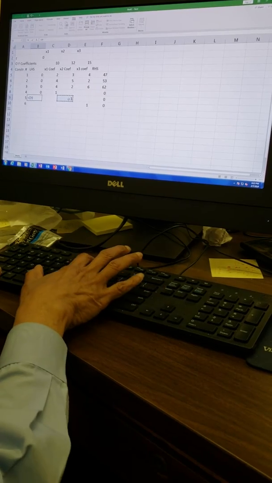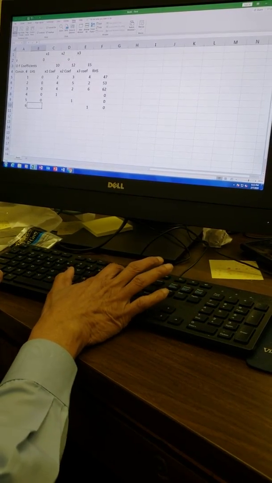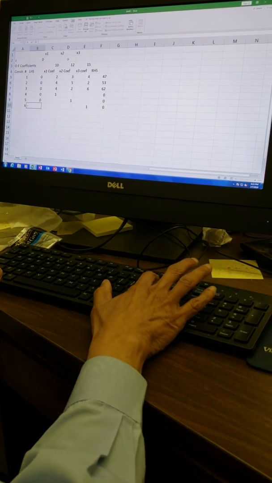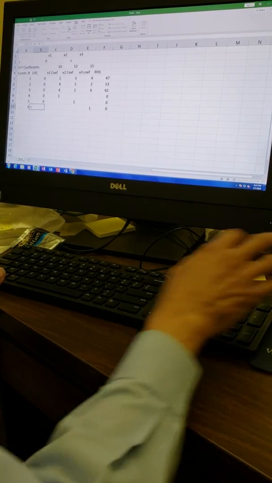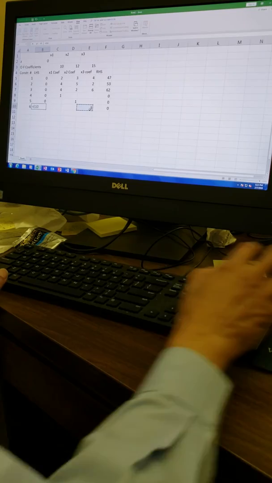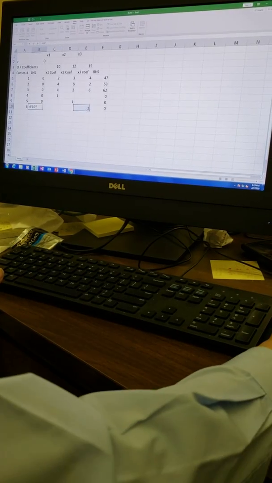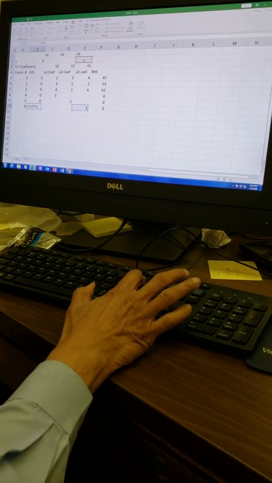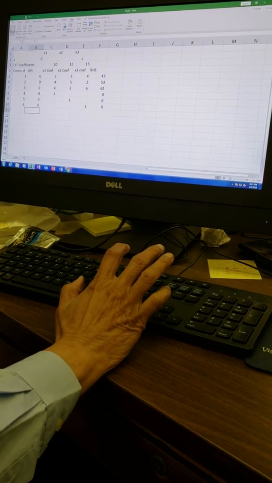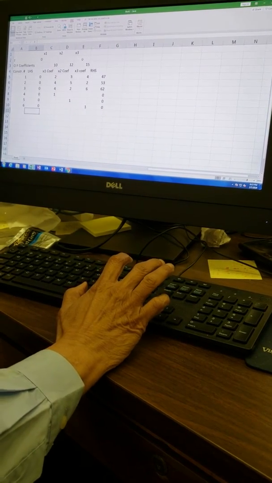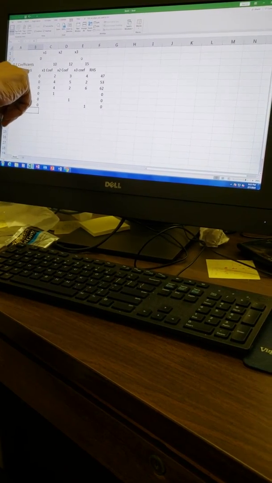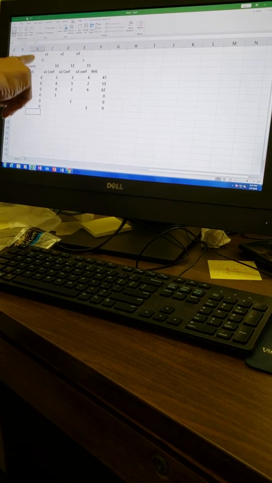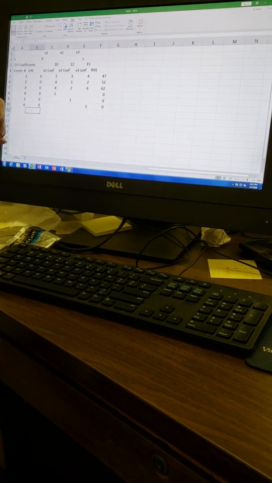And again, there will be one term here also. So what have we done so far? We have inputted the objective function and the 6 constraints.